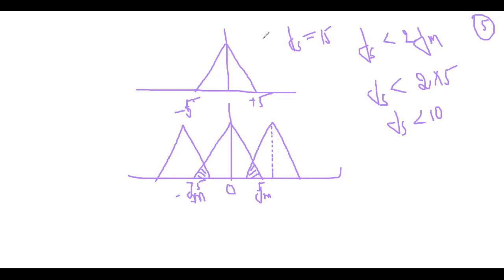Even if you are using an ideal low pass filter or a practical low pass filter, even with the practical low pass filter it is difficult because there is an overlap inside.